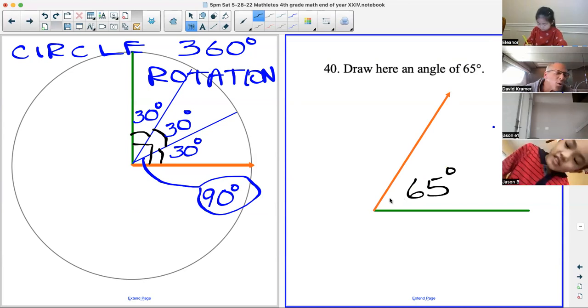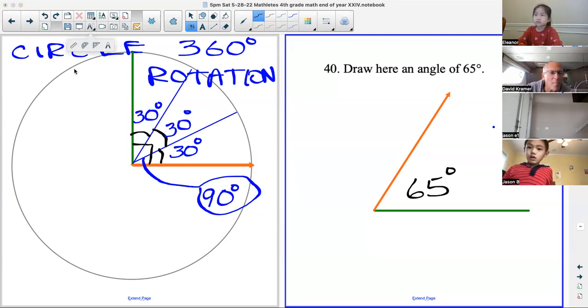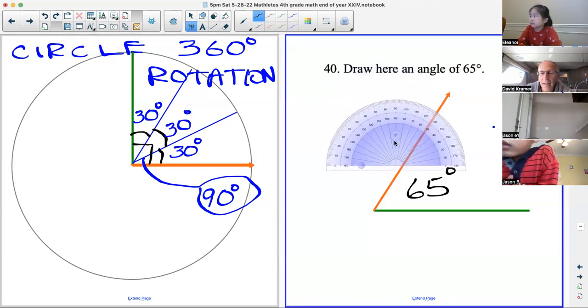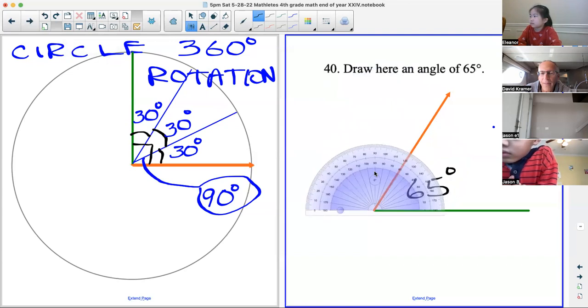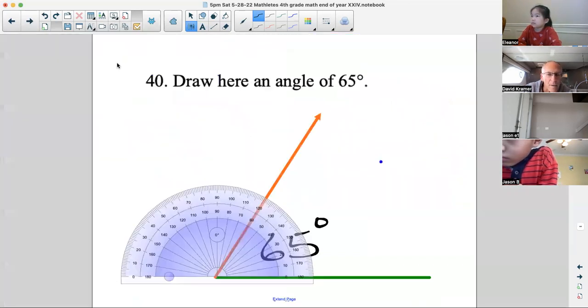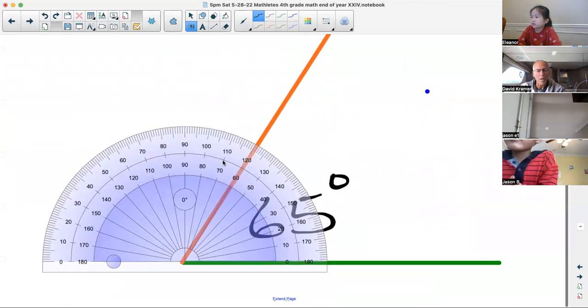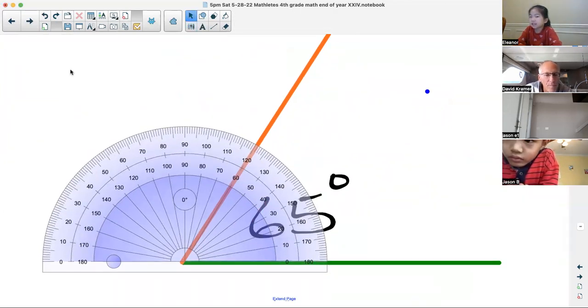Now, do you think we should have a protractor to test our skills? Let's see how wrong Mr. Kramer was, because I can learn a lot about this. Now, I think I'm going to have to go to full screen on this. Okay, good. Are you guys ready? Yes.